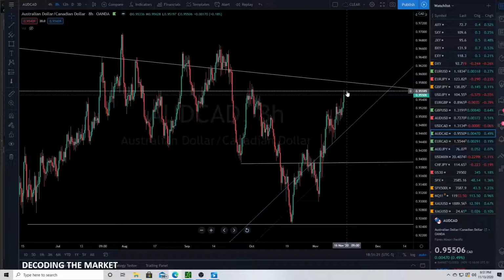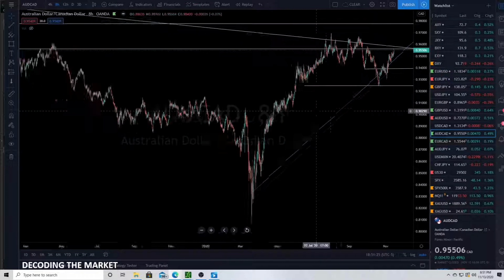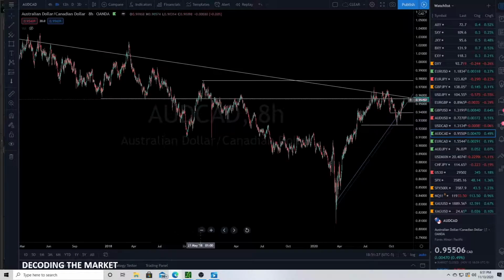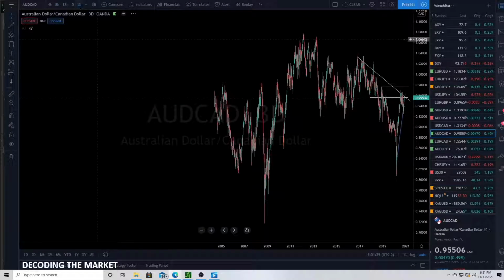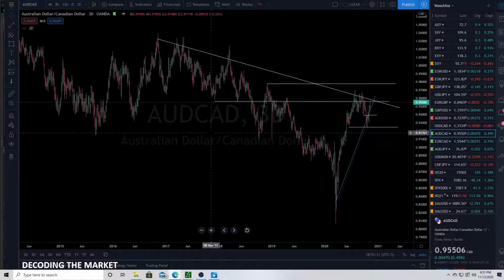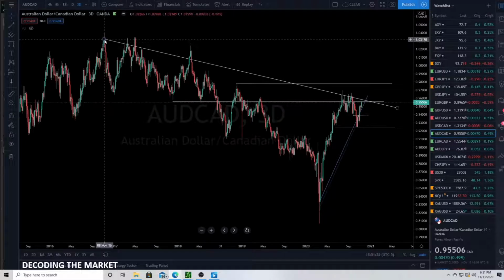0.9558, and if you notice, we have a trend line that is coming from this level. Let me put it on the 3 days chart to make it a little clearer for you guys. It's coming from November 8, 2016, breaking all these levels, touching these levels, and then to the present days.